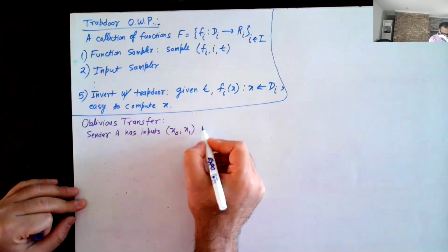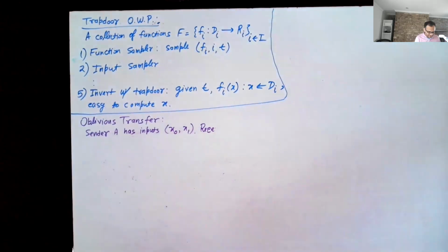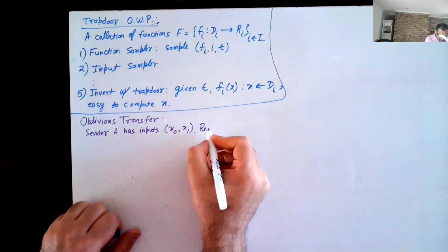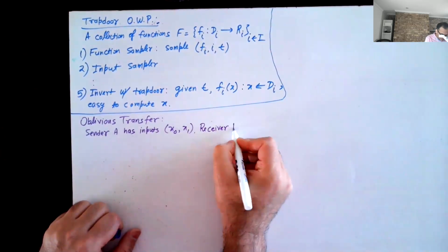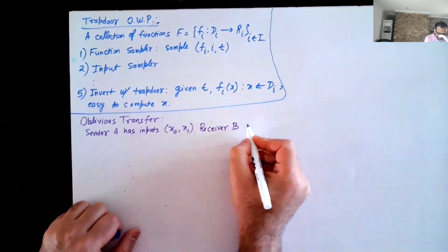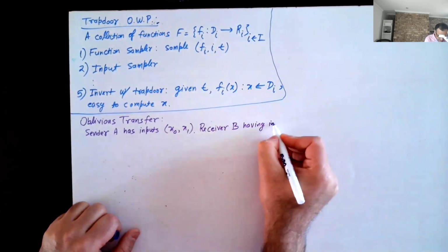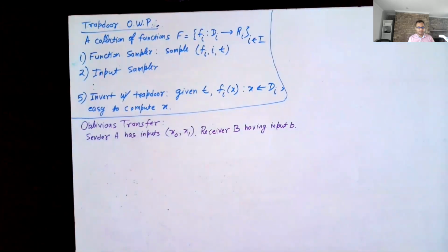And then we have a receiver. Receiver is Bob, having input b.